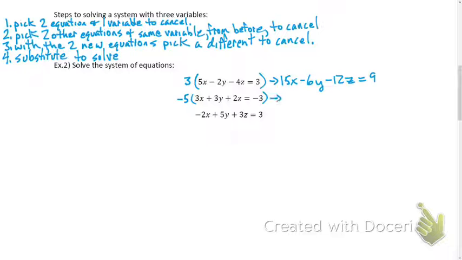So let's multiply all that out. Multiply all that out on the second equation. A lot of 15s in this problem. And combine those two equations to make the x's cancel out.